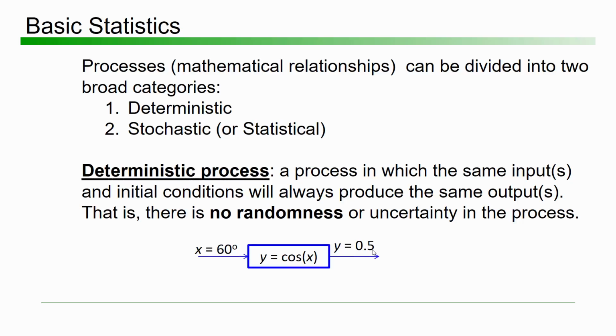And no matter how many times you put that into your calculator, if you put that into your calculator 100 times, you'd get 0.5 as the output each time. There would never be any difference because it's a deterministic process where there cannot be variation. Now that's kind of isolated in the real world. Mathematics is one of the few things that has that perfect, unvarying perfection.